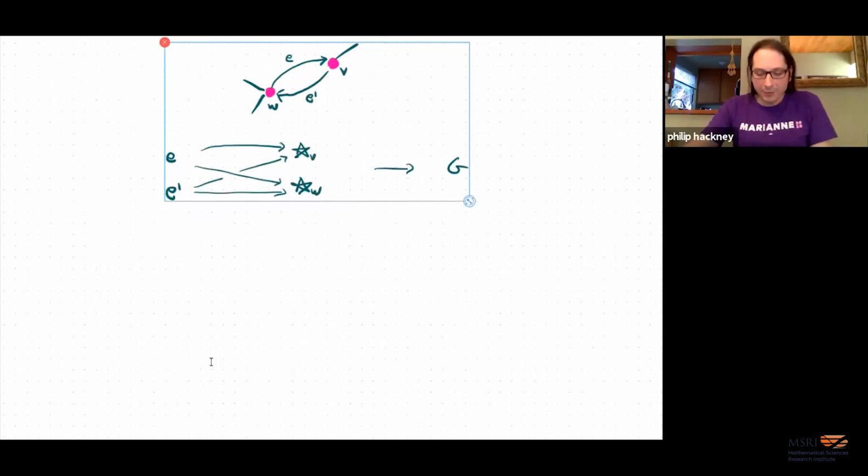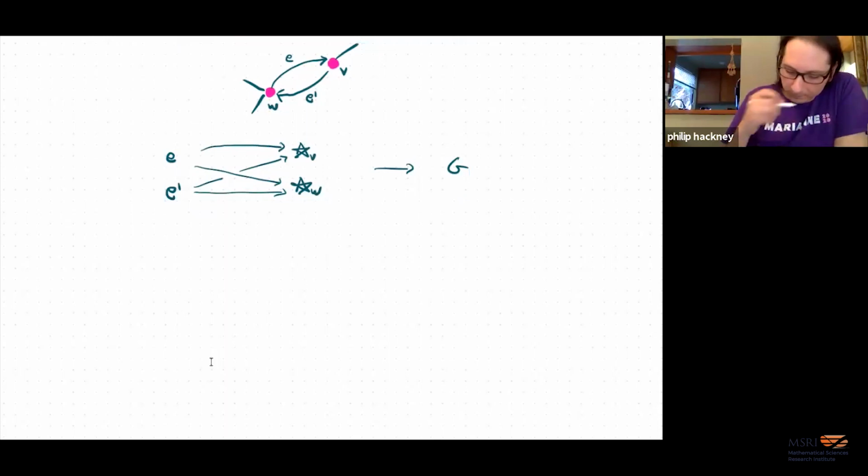So this was our picture that we had before. And so now what's going on? Well, maybe I can label things a little bit more. I'll call this A, that one that's pointing towards V. I'll call this IA, I'll call this B, and I'll call this IB.